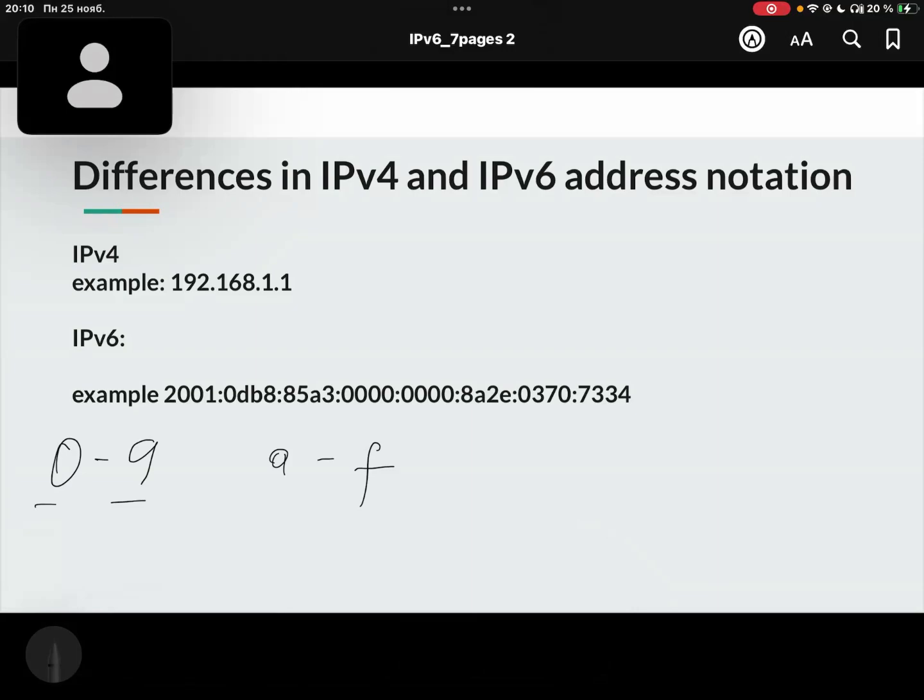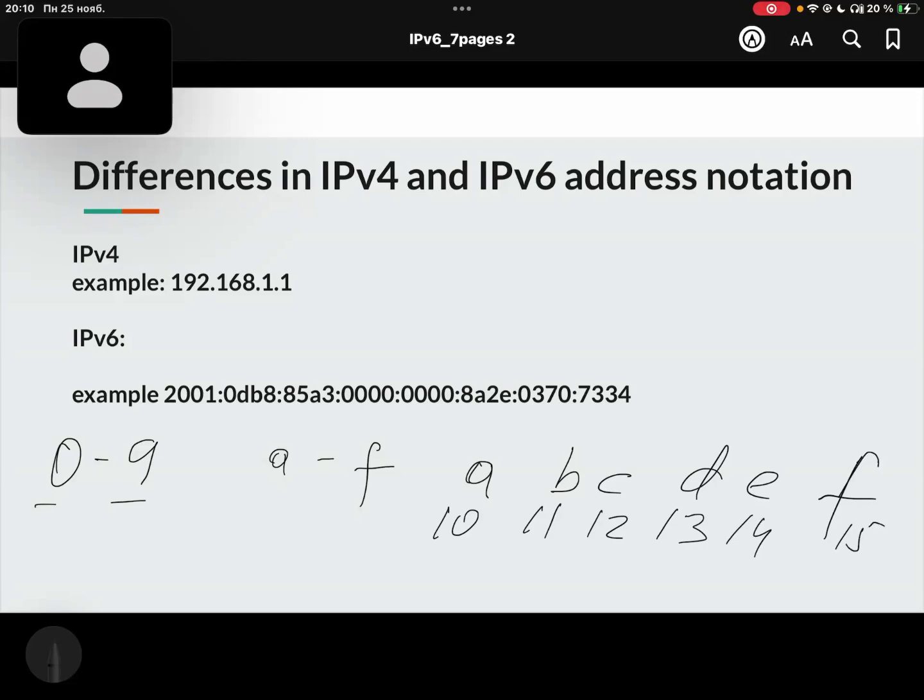But we have additional symbols from A to F: A represents 10, B represents 11, C represents 12, D represents 13, E represents 14, and F represents 15. So IPv6 addresses are divided into 8 groups of 16 bits, 2 bytes each.